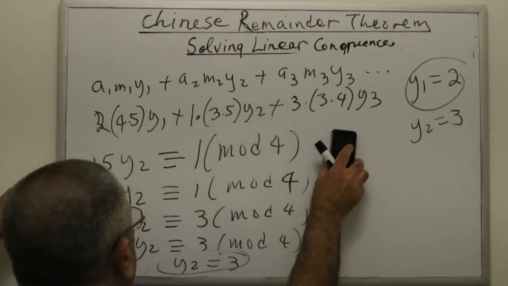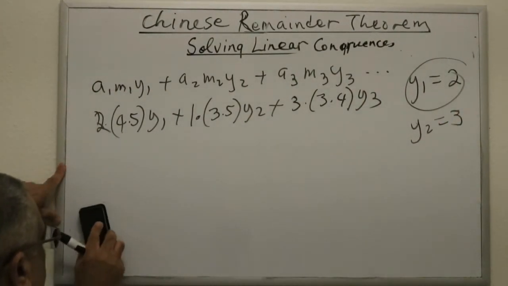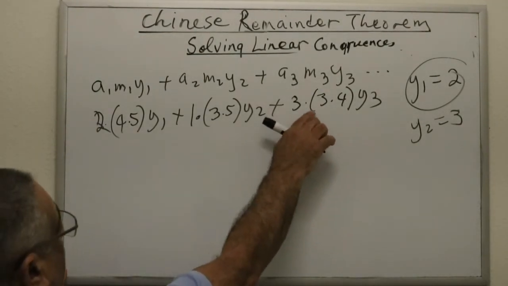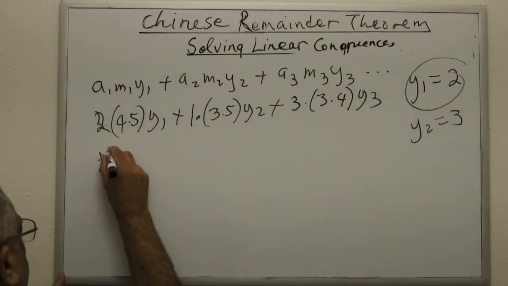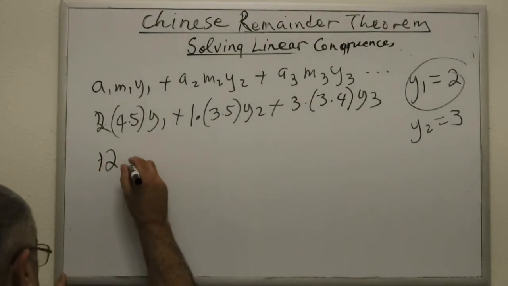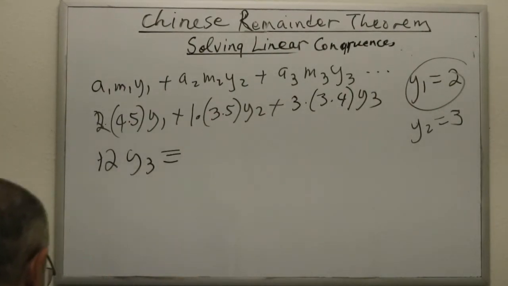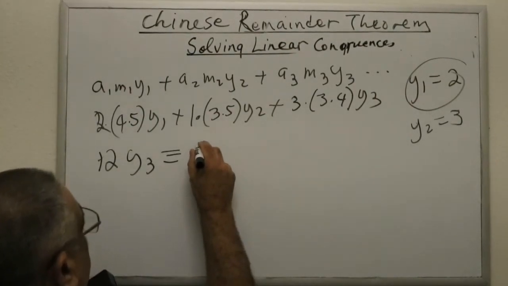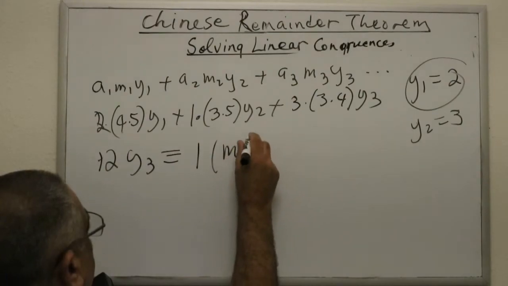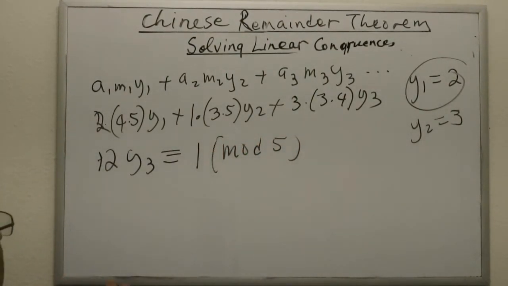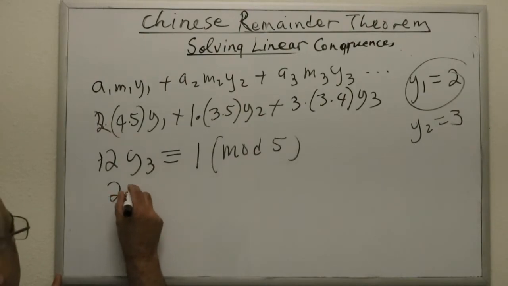Okay, so let's continue with the third one. Now the third expression is going to be 12 y3, and that is congruent to 1 mod 5. Now in this case, 12 mod 5 gives me 2.